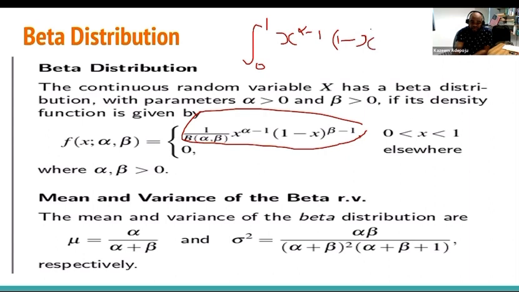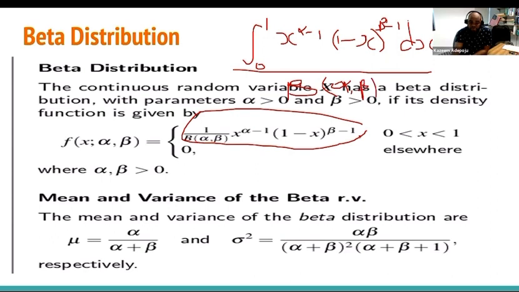If you look at the numerator, x raised to power alpha minus 1, times 1 minus x raised to power beta minus 1, dx, all divided by B(alpha, beta), the numerator is a complete beta function going from 0 to 1.